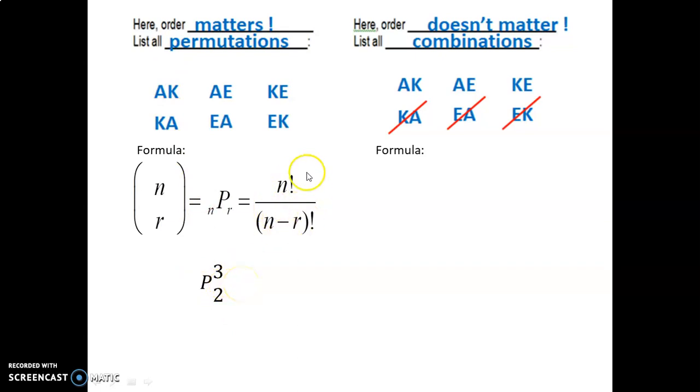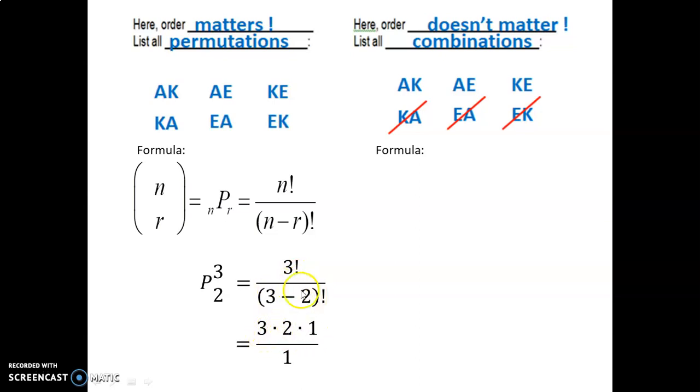And the formula is this, n factorial over n minus r factorial. And what that means is n factorial is that value, the number we're choosing from, 3 factorial. I'll tell you what that symbol means in a minute. And on the bottom, 3 minus 2 factorial, n minus r, so that minus that. Then you calculate that. 3 factorial, all that means in mathematics, this is actually a mathematical symbol, it just means 3 times 2 times 1.